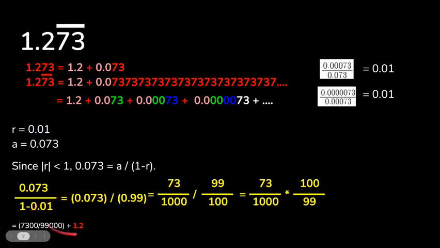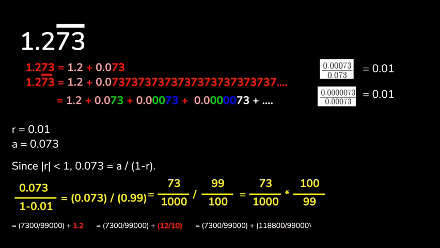And don't forget that you have to add this 1.2 because remember it's over here. This only calculates the 0.073. Plus the 1.2 is what we need to get this. Now, let's make the 1.2 into a fraction so that we can add these. So it equals 12 over 10.